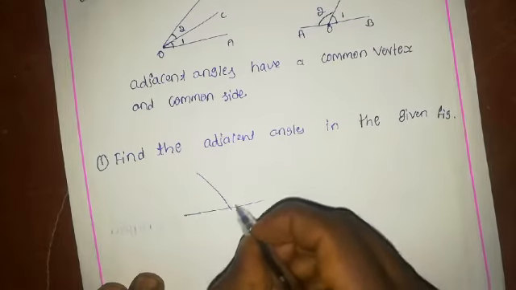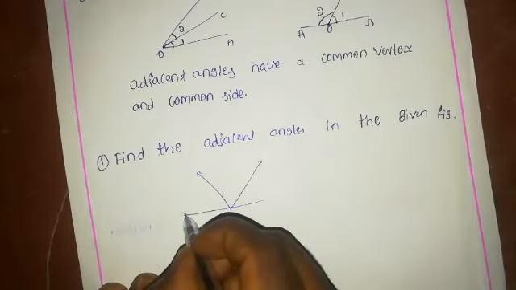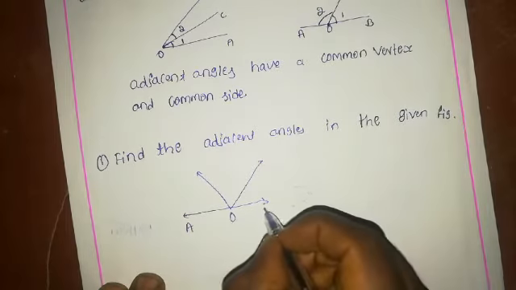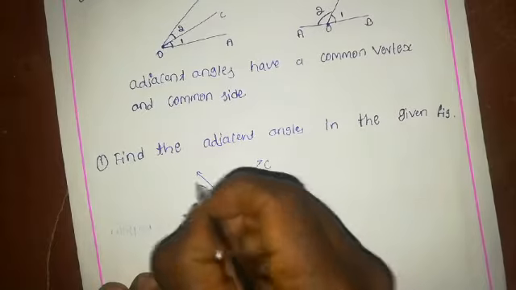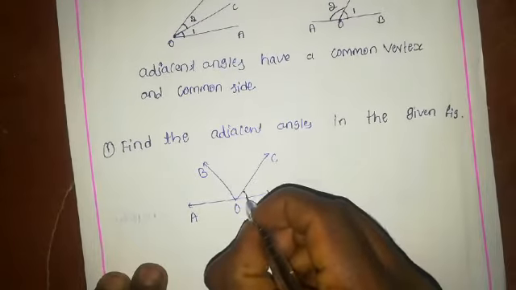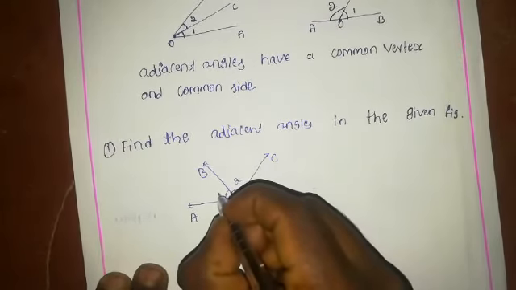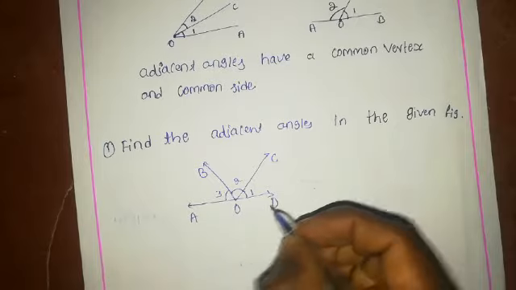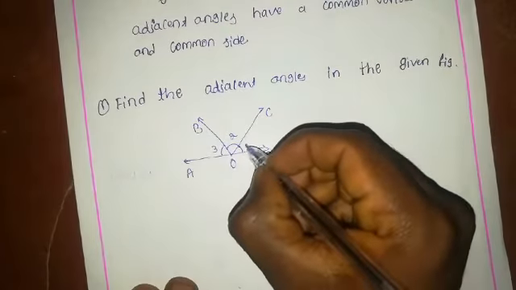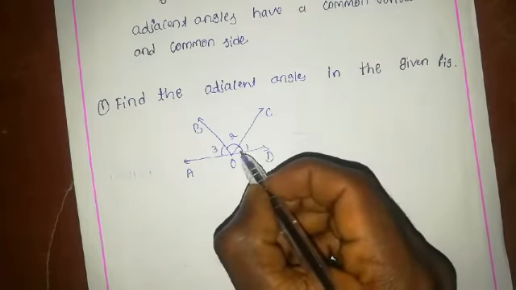Now we have to find out the adjacent angles. This is A, O, D and C and this is B. Here this is angle 1, angle 2 and this is angle 3. Now we have to find out the adjacent angles in this figure.